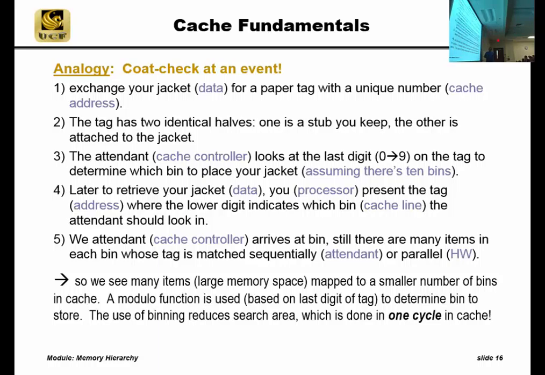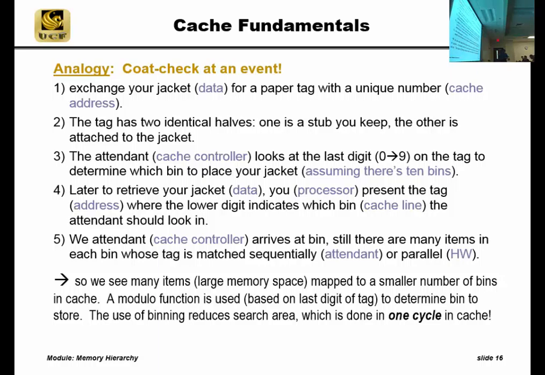So later when we go to retrieve the jacket, we're going to hand back this tag, or half of the tag. And the attendant is again going to look at the last digit and then know that our jacket is somewhere in this bin. This helps us find the data more quickly than keeping it unorganized. Now this is only 10 bins. We can have as many bins as we want.